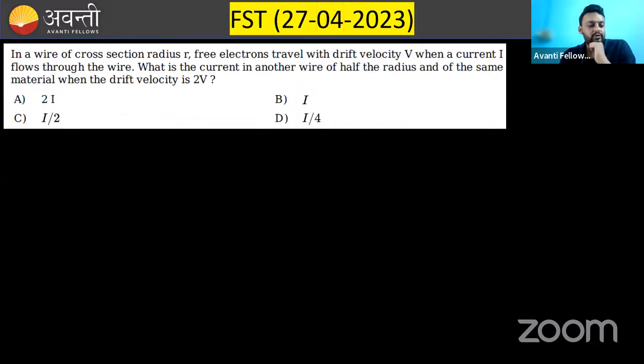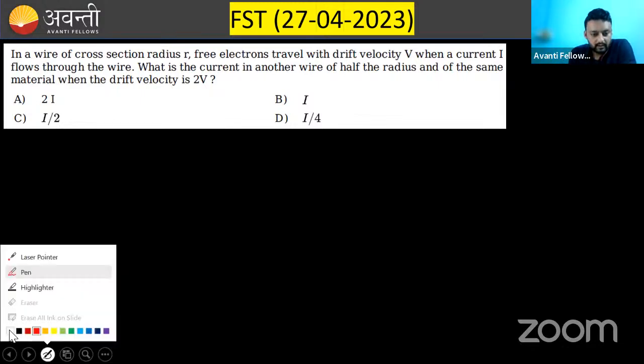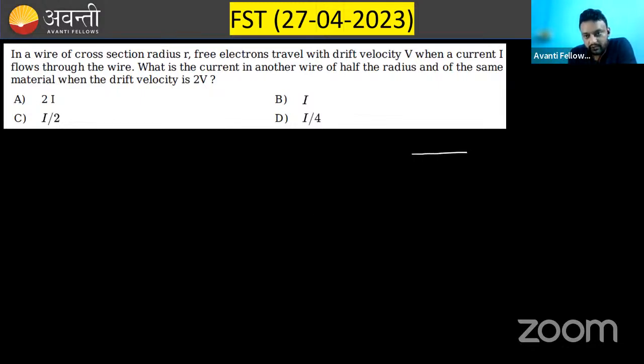Okay. Another question. In a wire of cross-section radius R, free electrons travel with some drift velocity V. Okay, let's have a look. Let's suppose this is a wire, and it has some current I. Clear?